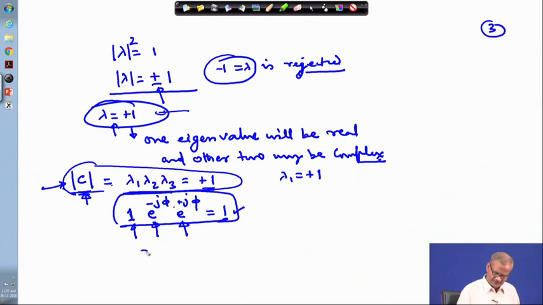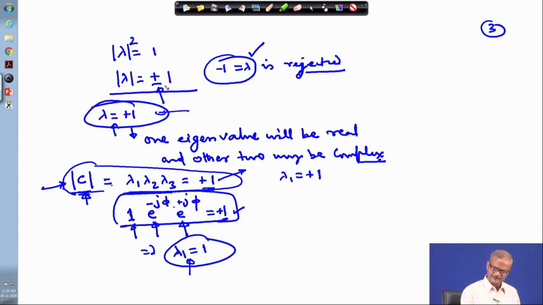This implies that lambda 1 should be equal to 1, as we have rejected the minus part. So, this should be equal to plus 1, because the determinant of this is plus 1 for a rotation matrix. So, the eigenvalue also must be plus 1.